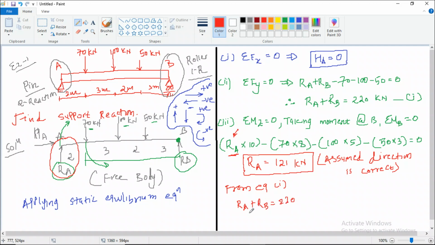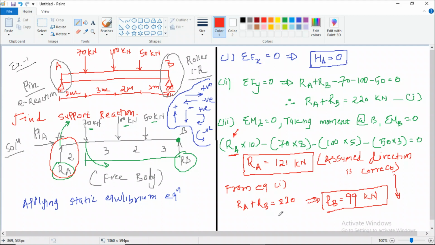If we put the value of Ra in this, we will get the value of Rb is equal to 99 kilonewton. This is again positive, so we can write the same thing here as well, that the assumed direction is correct.